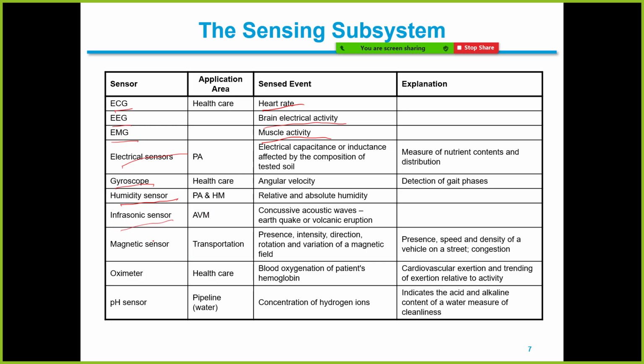Infrasonic sensor, magnetic sensor, oximeter. This one is also used in the healthcare area. It can detect blood oxygenation. pH sensor, not that well known.